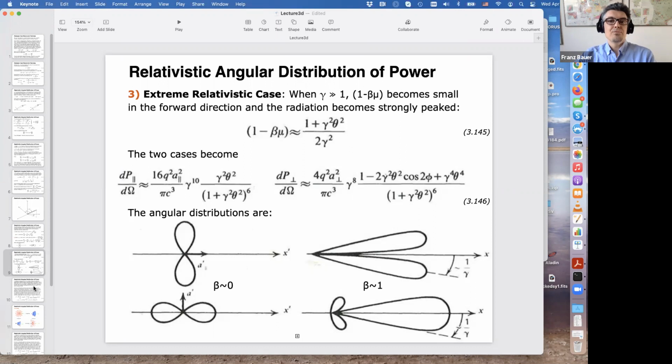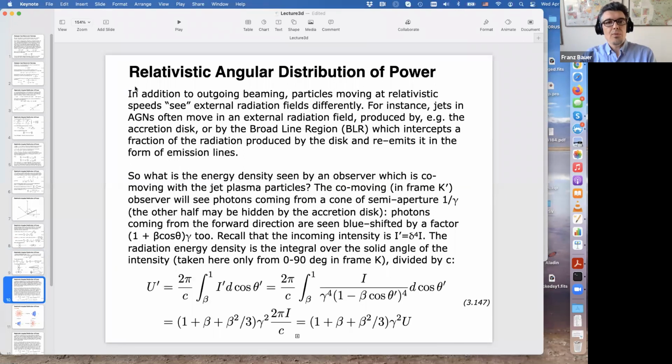Okay, so that's probably the simplest case. We can imagine more complex scenarios, and one which I think is interesting to envision is an observer sitting on material that's moving out.